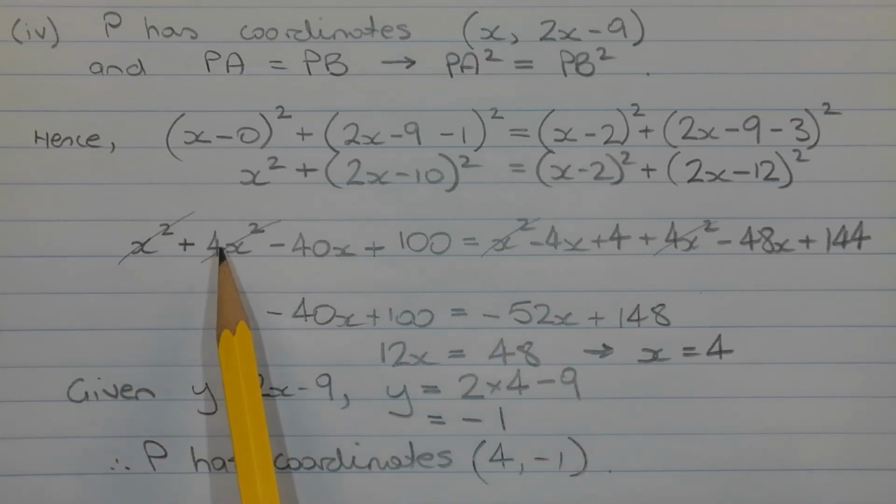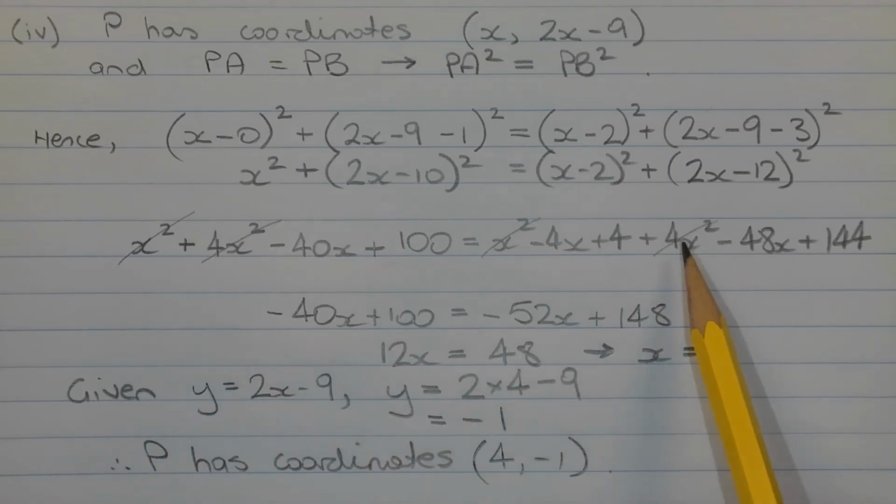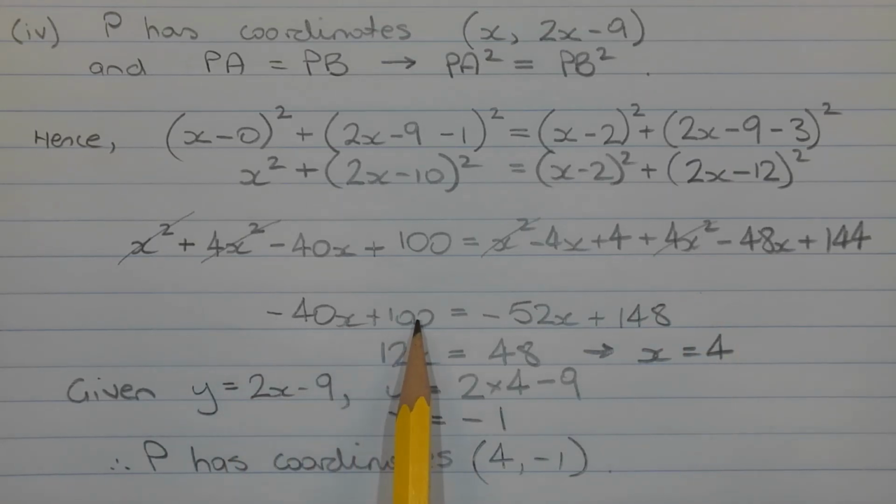We can also cancel the 4x squared here and here. So that leaves us negative 40x plus 100 is equal to negative 52x plus 148 after we collect like terms. So we have a plus 4 and a plus 144, and that's why we get the plus 148 there. Also, we get the negative 4x minus 48x, which is why we get the negative 52x here.